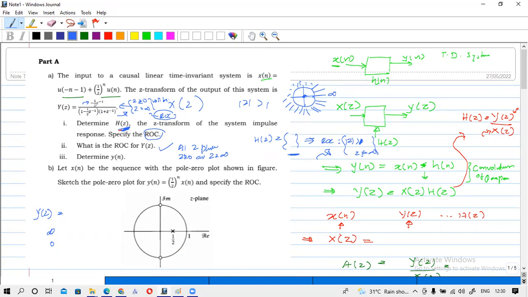If you have any other value, you will get a finite value here. So all Z plane except Z is 0 and Z is infinity. Is this okay?